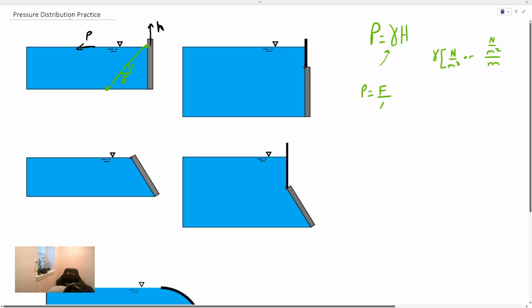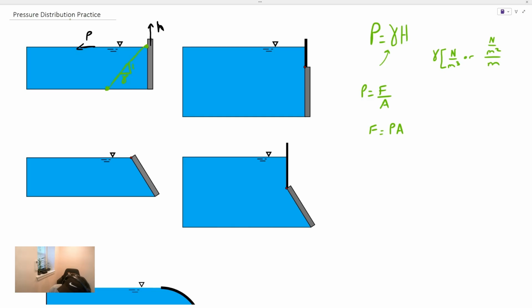Pressure is fundamentally force per unit area. Or if we wanted to rewrite this, the force is equal to pressure times area. And if we had a pressure distribution which changed, we could find the resultant force by integrating the pressure with respect to the differential area. That means that if we had some kind of pressure distribution here and we wanted to find the resultant, we can go up to that pressure, take a little differential area and raise it up.